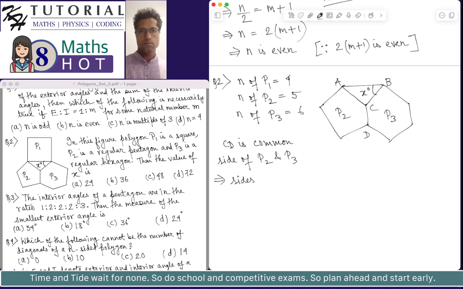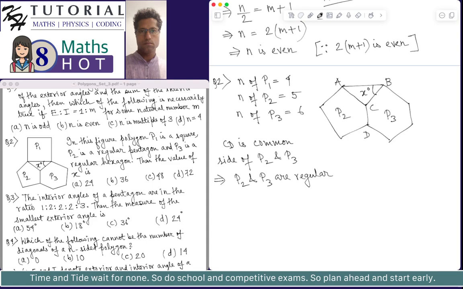This will imply that the length of each side of P2 is equal to the length of each side of P3, since P2 and P3 are regular, which means all the sides of P2 are of equal length, and all the sides of P3 are of equal length.